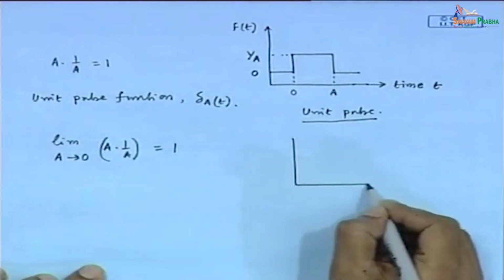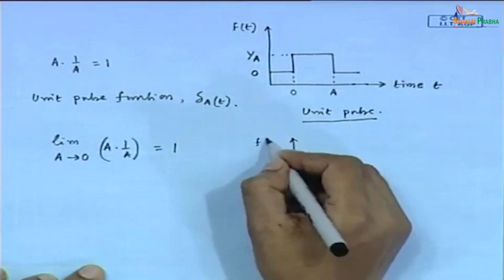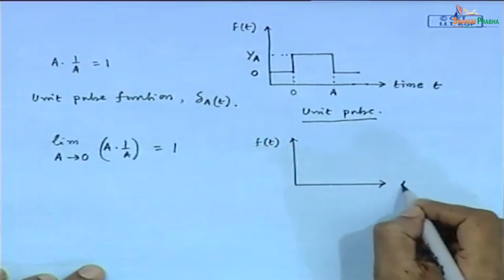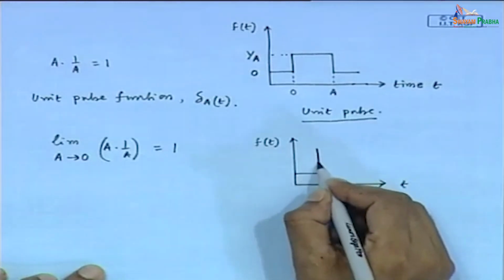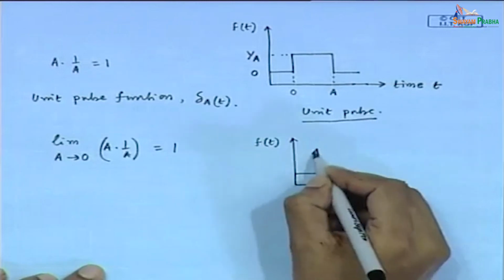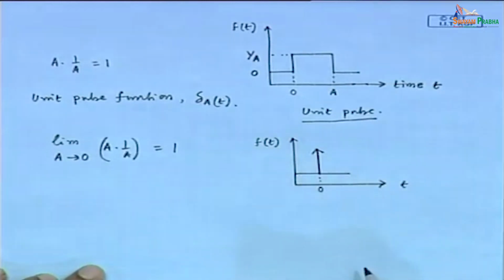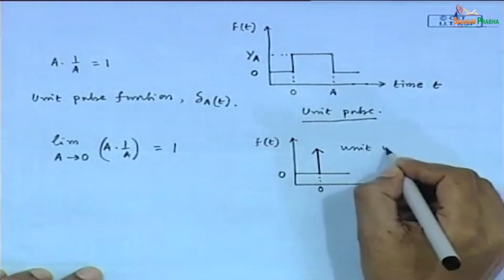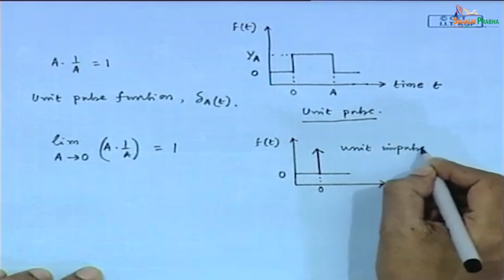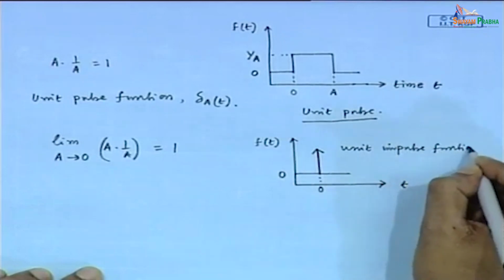The graphical representation of this is somewhat like this. This is time t equals 0. This function is called the unit impulse function.